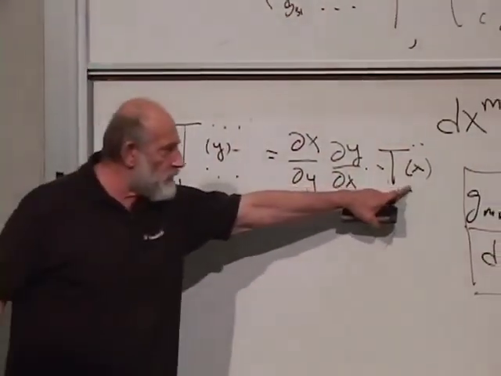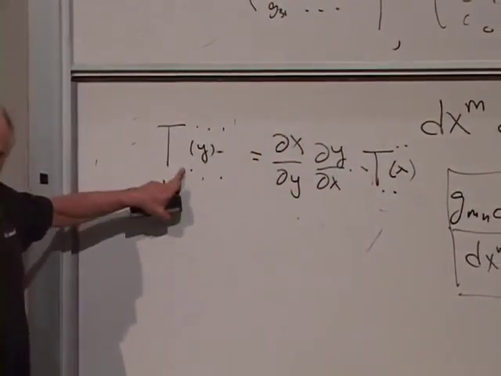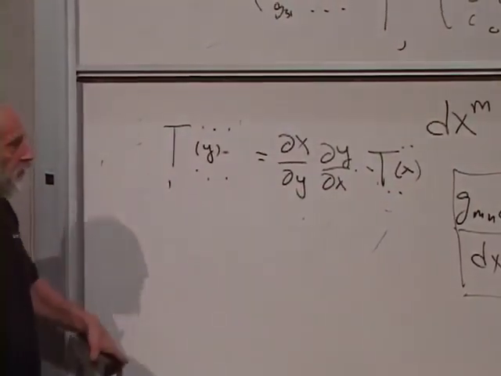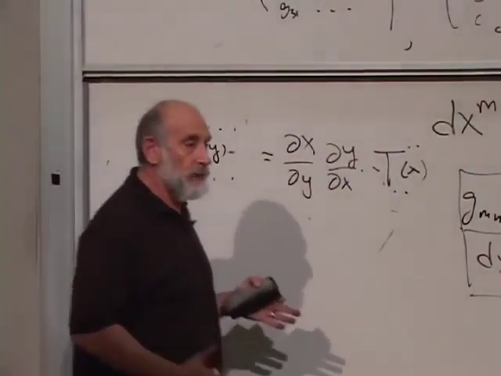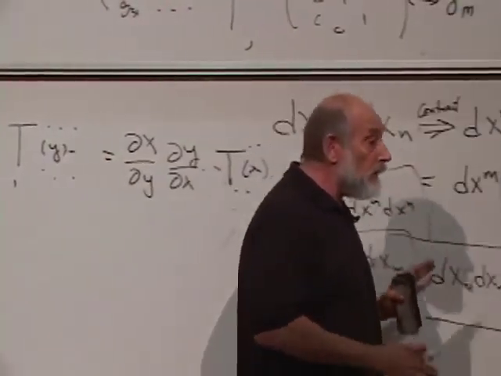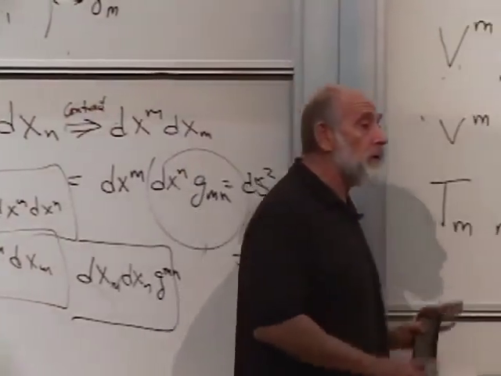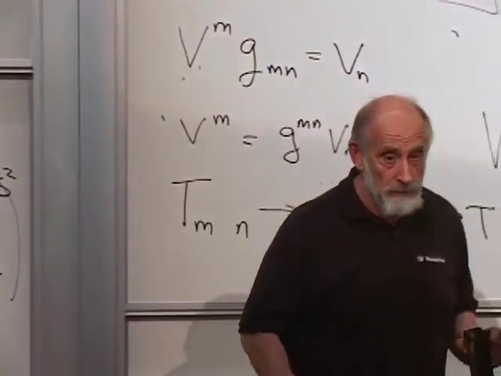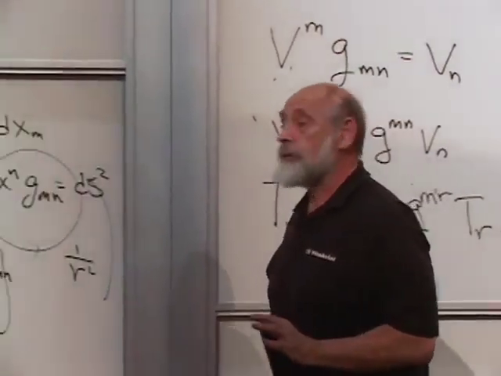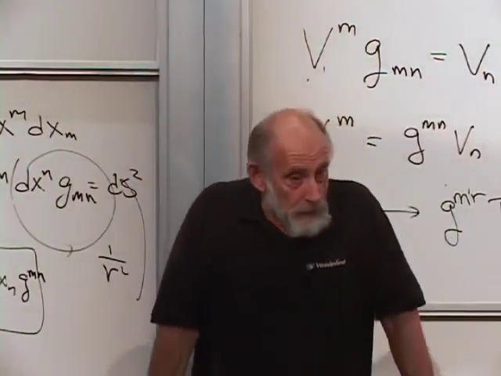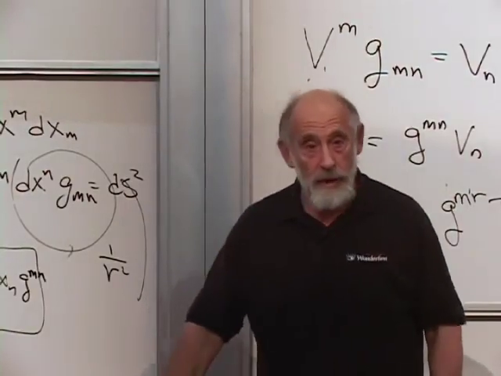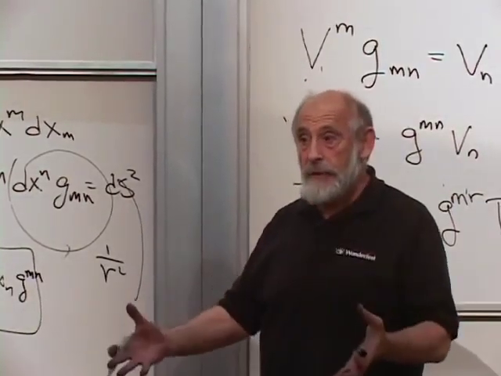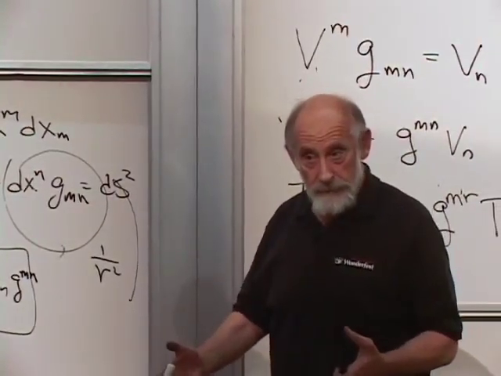If it's 0 on one side, it's 0 on the other side. So if all of its components are 0, then it follows they are 0 in every coordinate system. So a tensor being 0 is an invariant statement about that tensor.